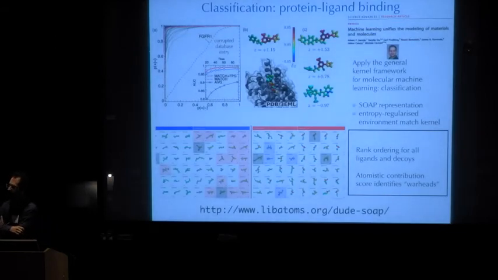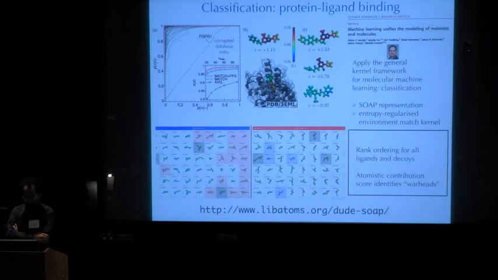There are various ways of doing docking, and this one was a very simple one to see whether our kernel is sensible. This was not a dynamical simulation. This was a classification, and the data is experiment. You take the DUDE, the database of useful decoys, I think.